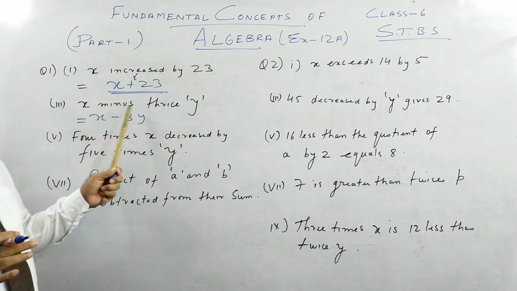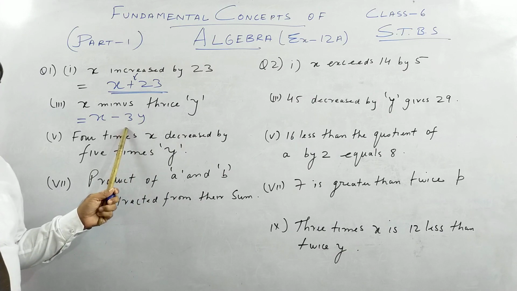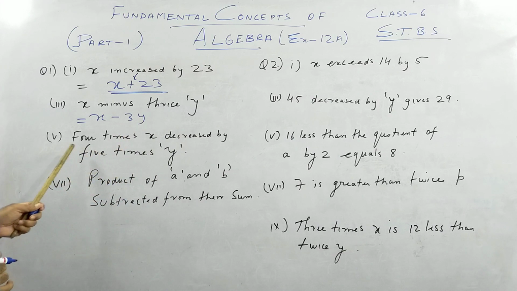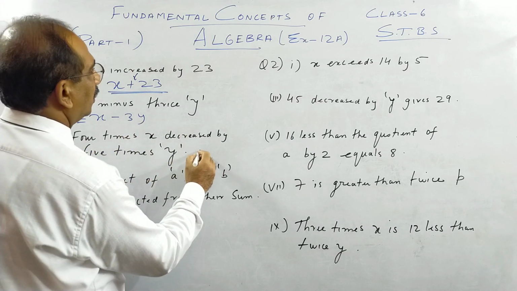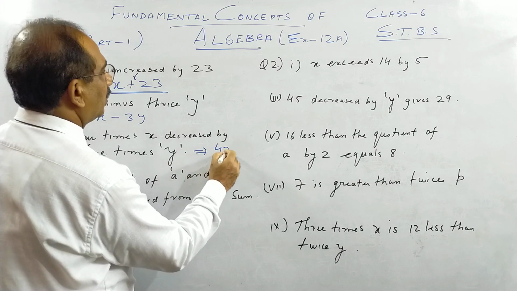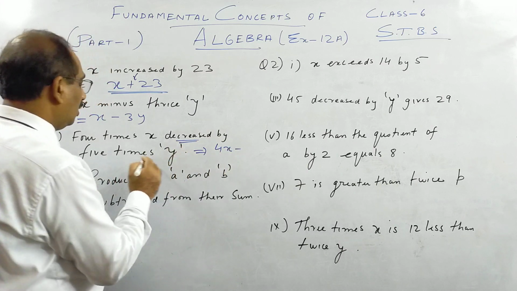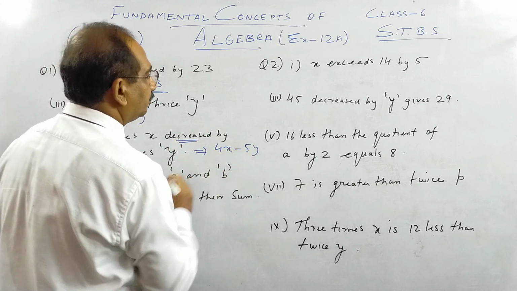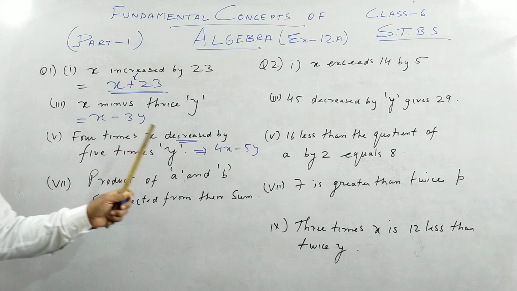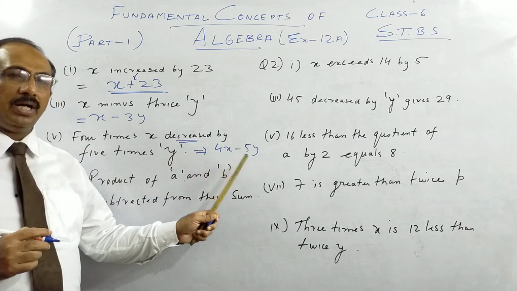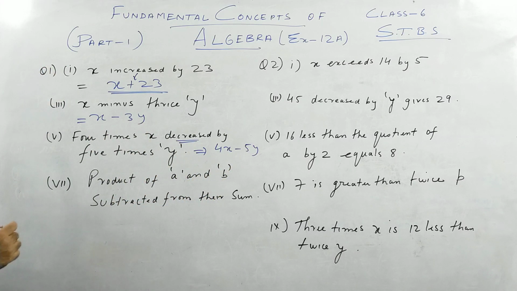So this was given in English language and I have converted it to mathematical form. 4 times x, decrease means minus, 5 times y. So 4 times x decreased by 5 times y.